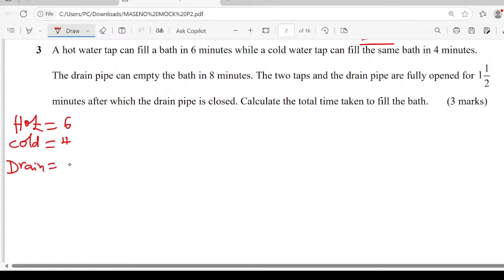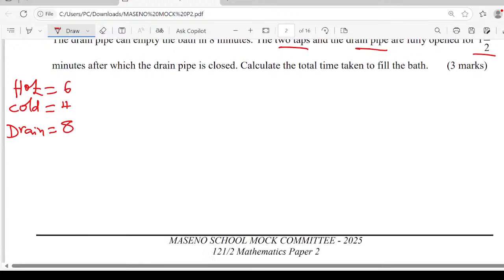This drain pipe empties the bath in 8 minutes. So they are saying the two taps, that is the hot tap and the cold tap, and the drain pipe are all opened for 1.5 minutes. So first of all, let's see if all the three are running together, what can be filled in 1 hour? So not in 1 hour, but in 1 minute, because this is minutes.